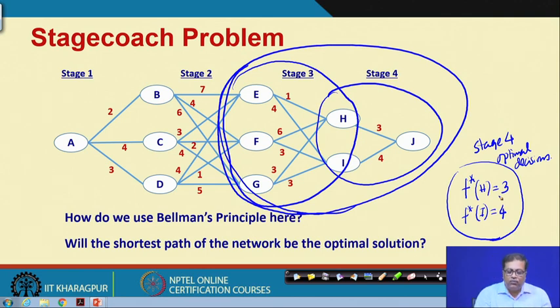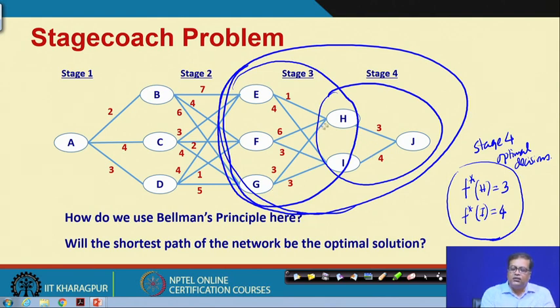Suppose we are in stage 3, what is our optimal path from G to J? Is it through I or through H? We do not have to compare all the way from G to J through H, through I, not required.